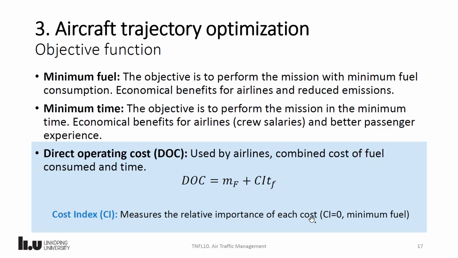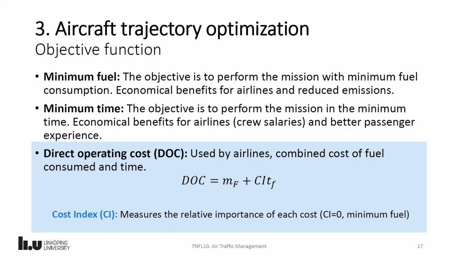If the cost index is 0, that means that the time that we are in the air doesn't cost anything, so we would be looking at a minimum fuel trajectory. The higher this cost index is, the more importance the time flown has on the cost of the operation.